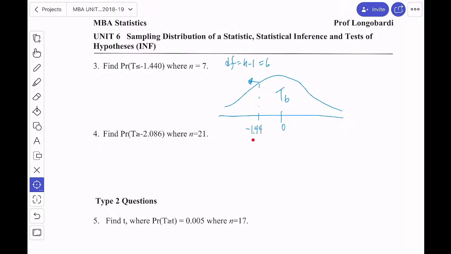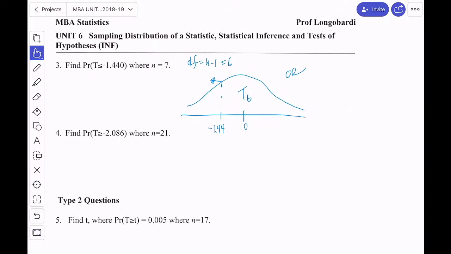Now this number, a negative, is not on the table, so what do I do? I use symmetry. I say, well, I can do that, or it's the same if I go this way.